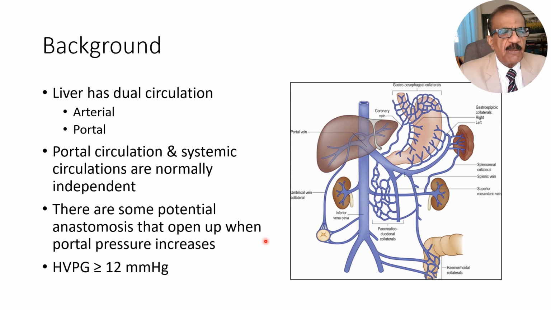The clinical signs of portal hypertension are ascites and splenomegaly, and on ultrasound we find a dilated portal vein and ascites. All these are clinical signs or signs on imaging. But the pressure measurement is a little technical and is only done in experimental laboratories.